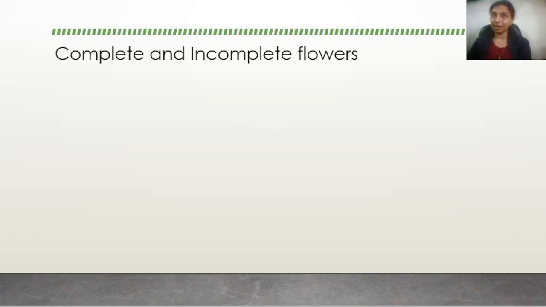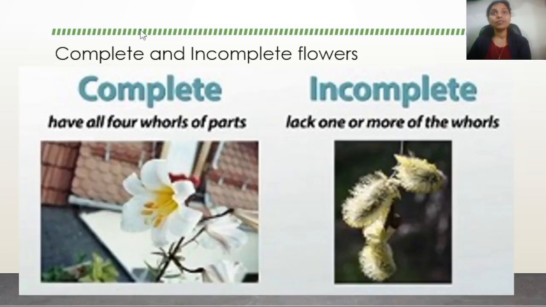If a plant has flowers which have all 4 whorls, such plants are said to have complete flowers. That is, they have the sepal, the petal, the stamen, as well as the pistil.